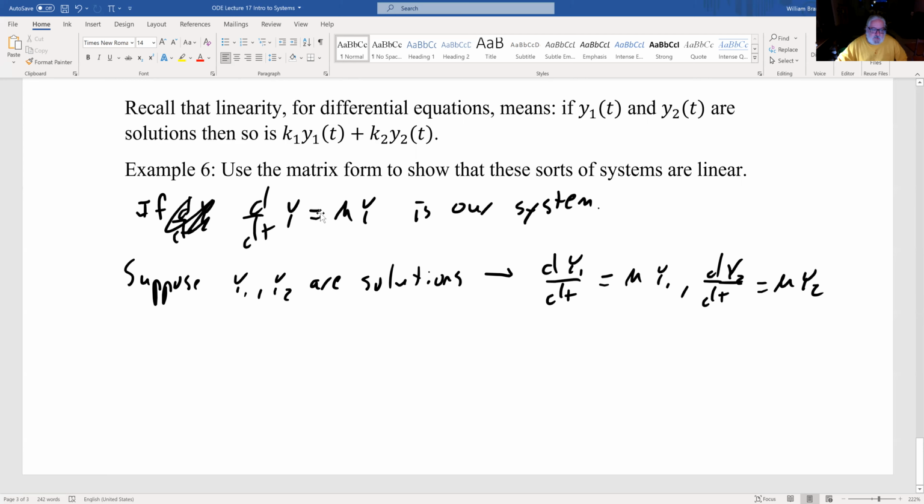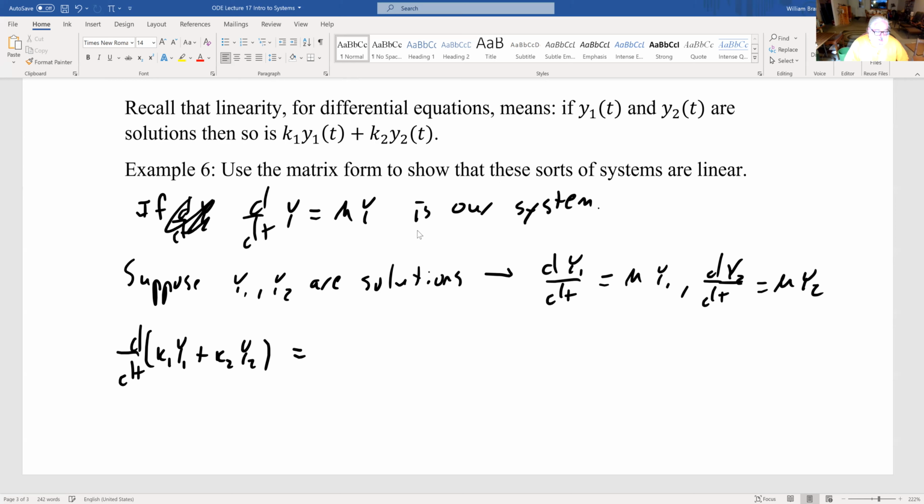Well, something is a solution if its derivative equals M times itself. So what's the derivative of k1 y1 plus k2 y2? That's k1 times the derivative of y1 plus k2 times the derivative of y2. Derivative of y1 is M times y1, so that's k1 M y1 plus k2 M y2.